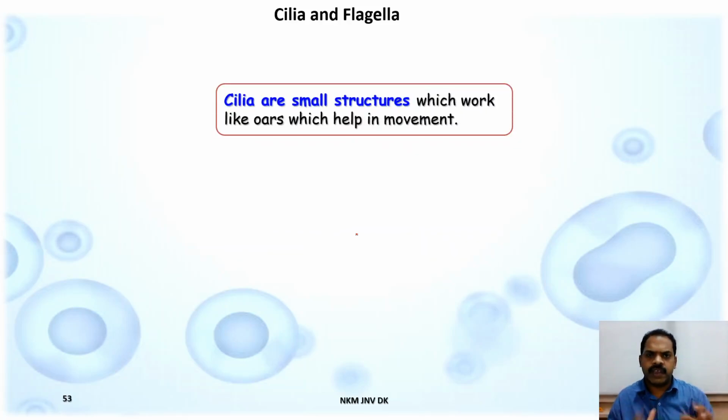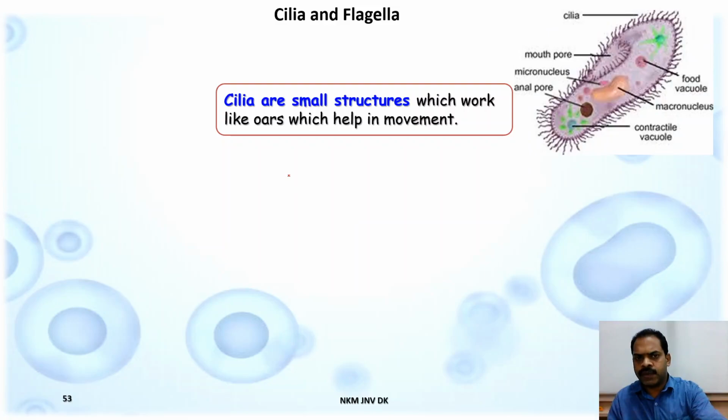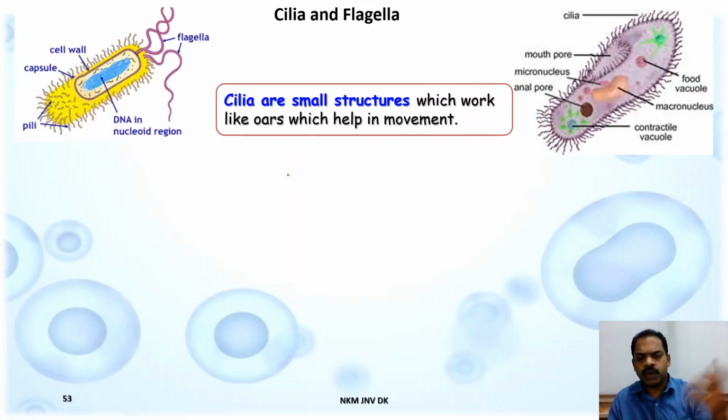You have heard about cilia and flagella. Cilia are present in microorganisms like paramecium, and flagella we can see in bacteria, euglena, etc. The same cilia are present in our windpipe, the trachea, to propel out the sputum or the mucus trapped with microbes.